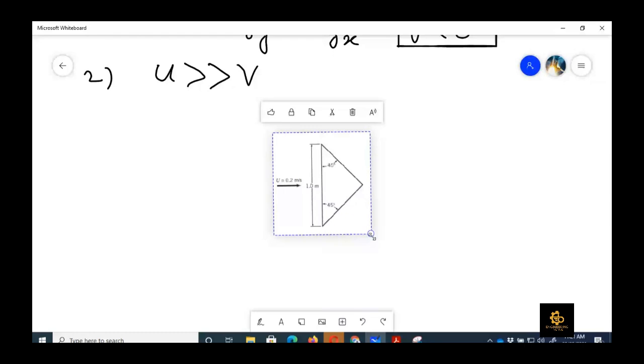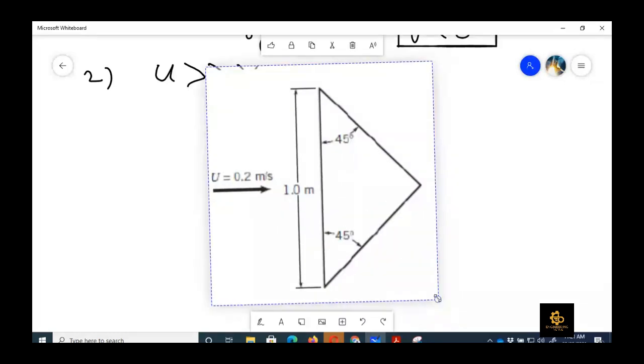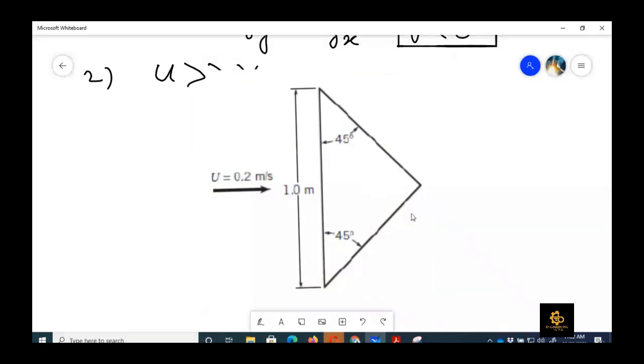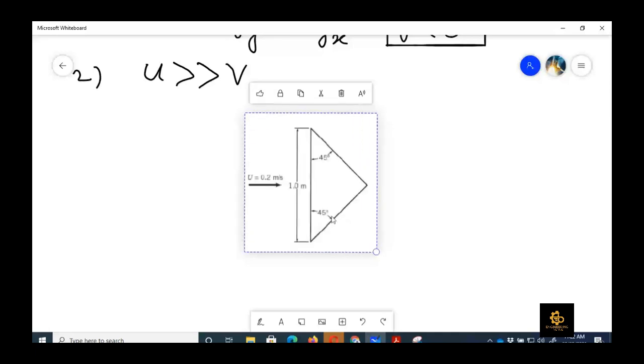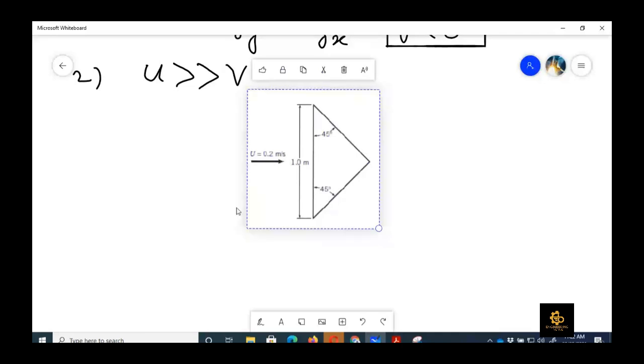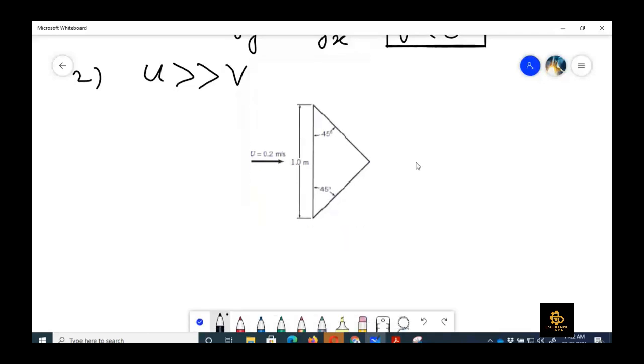First of all, because this is a triangular shape, if we draw a symmetry line here in the middle, the distance here is 0.5.